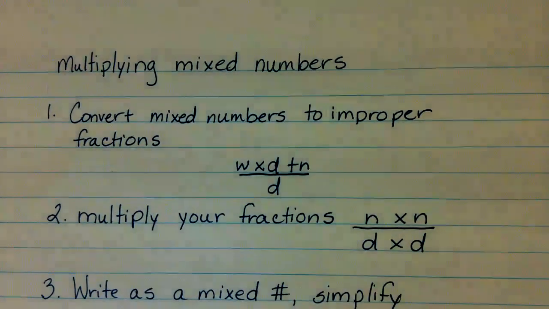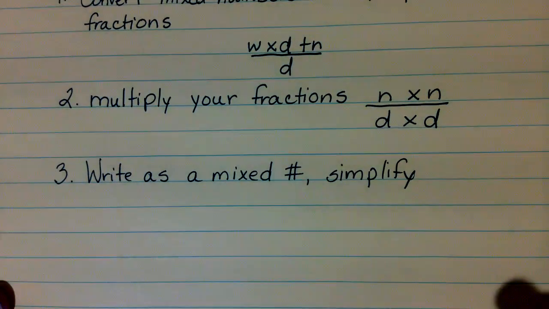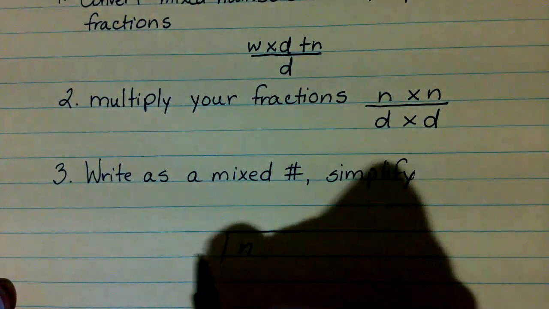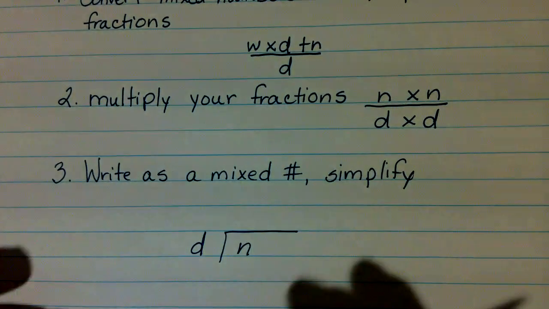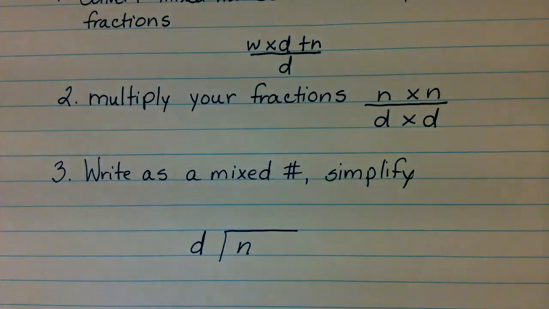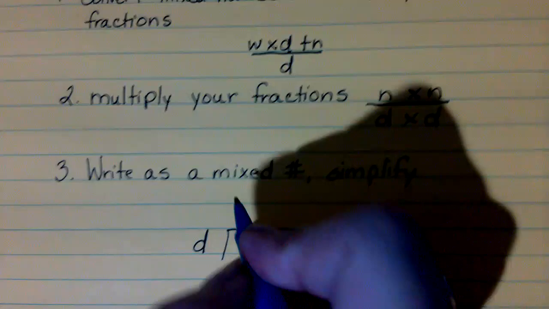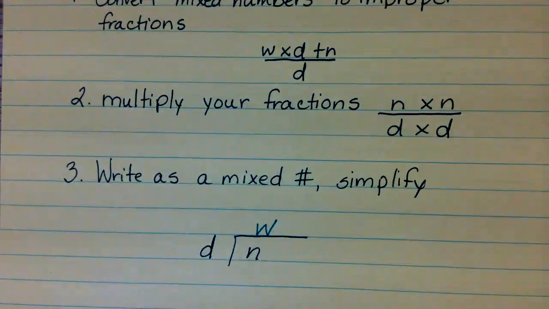And the way you're going to do that is to write it as a mixed number. You're going to divide the numerator by the denominator. So I know that's a whole lot of D's and N's and W's and all that good stuff. Remember that what we end up with for our quotient is we will have our whole number here.